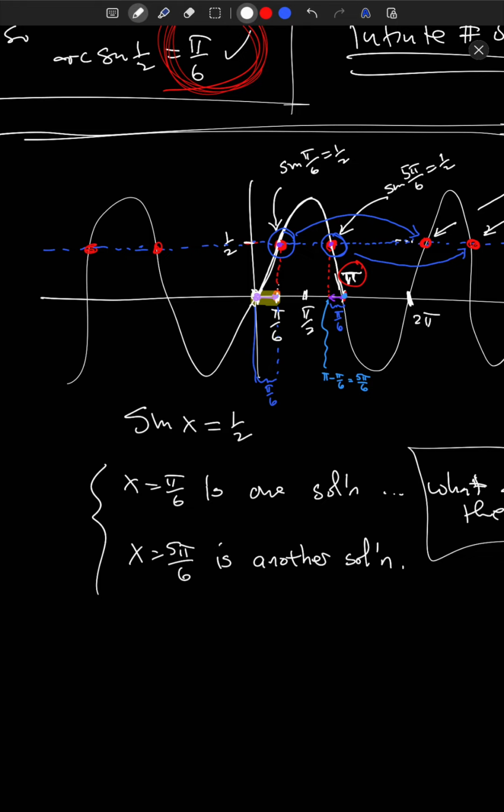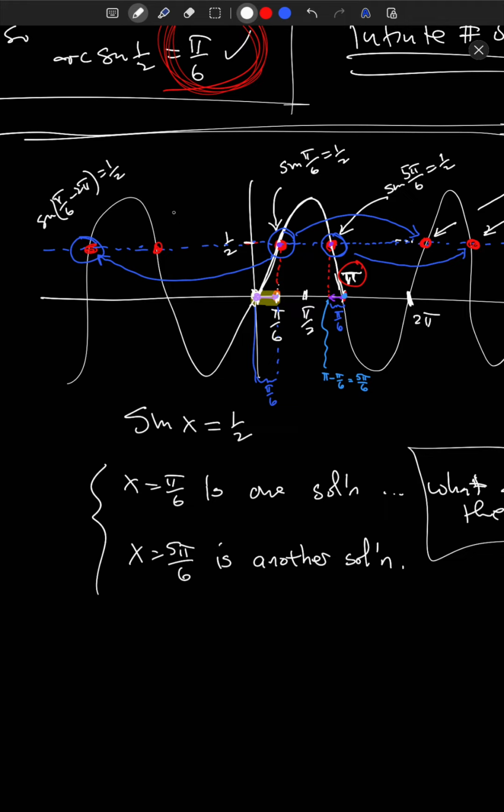And to the left, the same thing works. If I move 2 pi to the left, this one is going to end up there. So this one is sine of pi over 6 minus 2 pi equals 1/2.